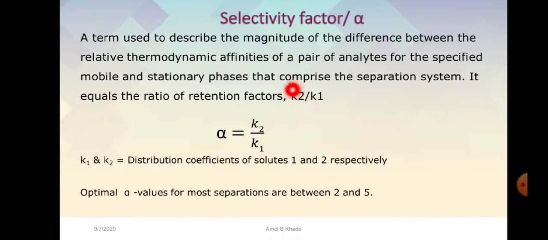For each component we have the distribution coefficient, and we can take the ratio of these distribution coefficients. That is nothing but the selectivity factor. How selective your column is to a particular analyte can be calculated using this selectivity factor alpha, and the value of alpha should be between 2 and 5 to say it is a good selectivity factor.